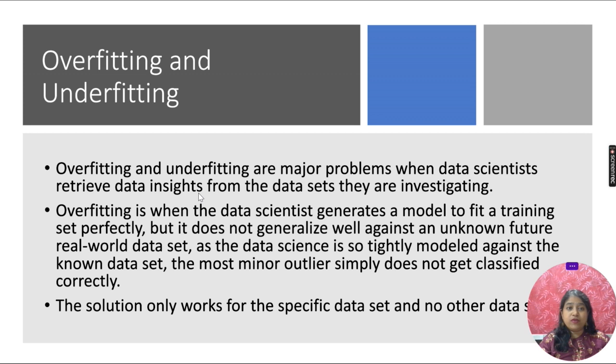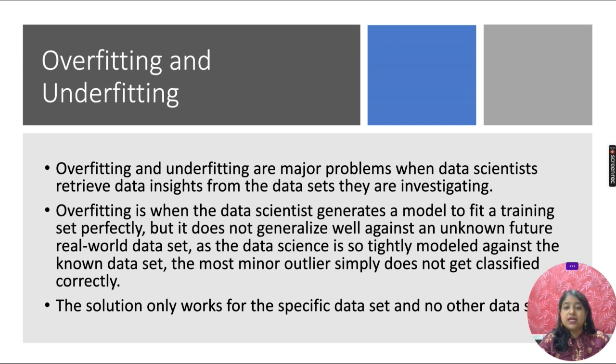Now, overfitting and underfitting. Overfitting and underfitting are the major problems when data scientists retrieve data insights from the data set they are investigating. Overfitting is when the data scientist generates a model to fit a training set perfectly, but it does not generalize well against an unknown future real-world data set.